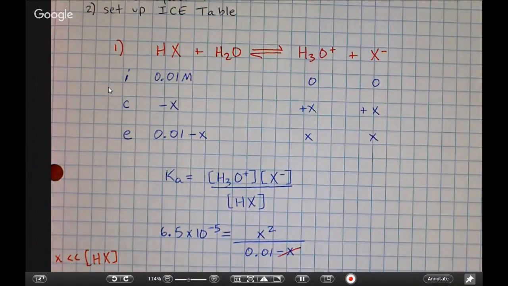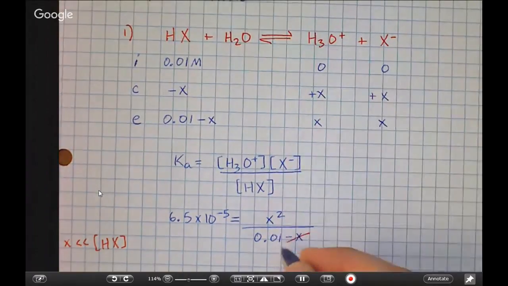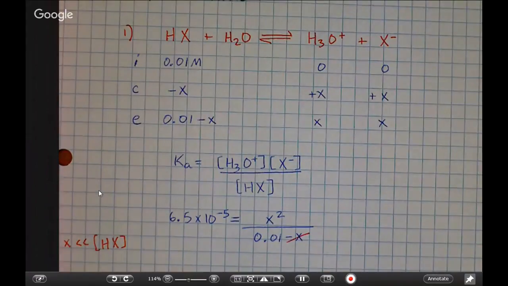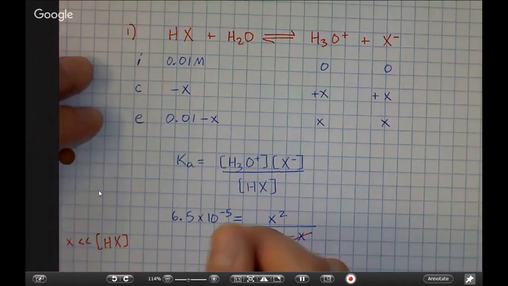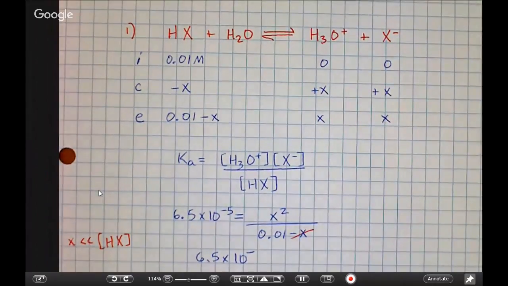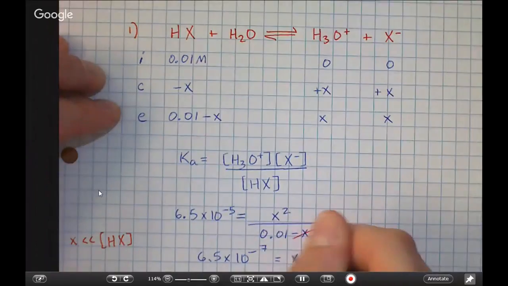Okay. So in doing that, we can multiply both sides by 0.01, which would be 6.5 times 10 to the minus 7. And that equals X squared.